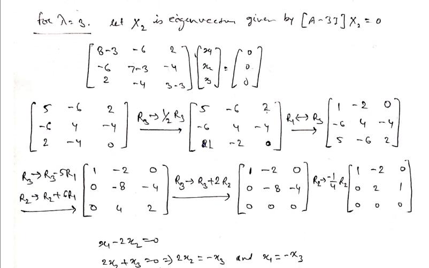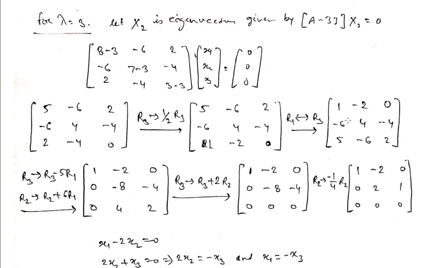elementary transformation. So first we choose R3 replaced with half R3. Now after applying this elementary transformation, we will interchange first row and third row. So first row becomes third row and third row becomes first row, second row remains as it is.